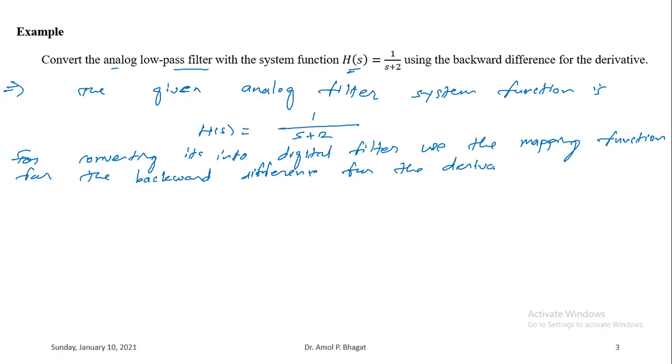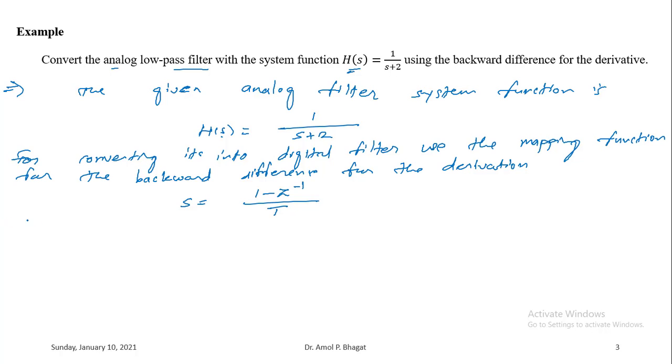So what is this mapping function? The mapping function is s = (1 - z^-1)/T. Okay, so we'll solve this equation for s = (1 - z^-1)/T.